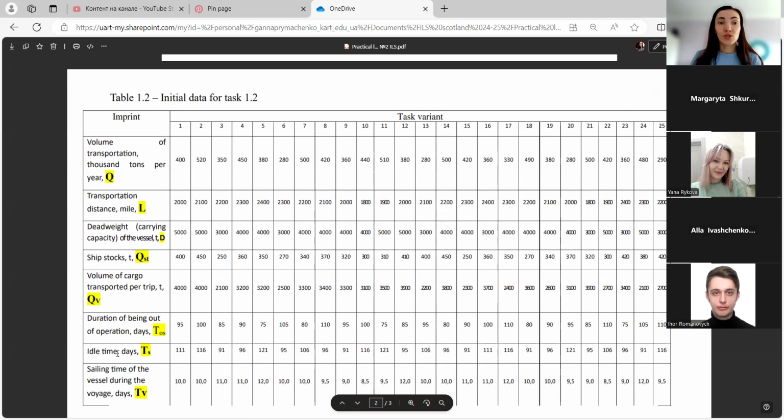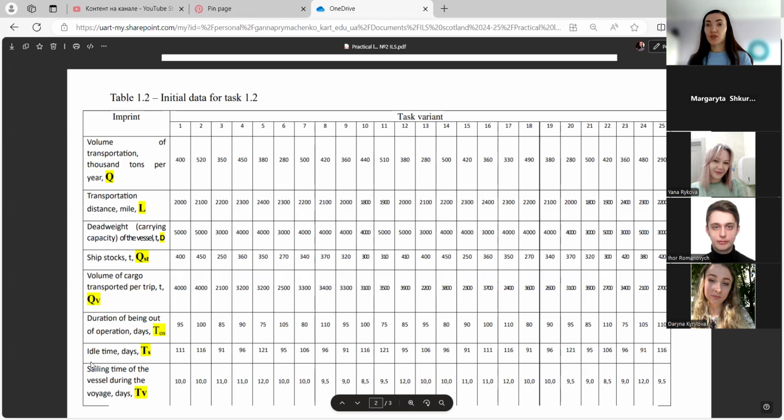It is idle time in days, t with index s. For example, if you have first variant, it is 111. If you have second variant, it is 116, and so on. Is equal to, and the result is also in days. Okay, we do it.